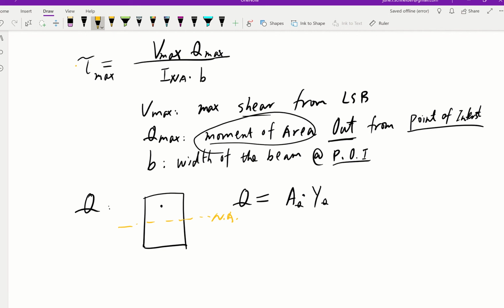Its moment of area at this point is out from the point of interest. That's important, so I'm going to highlight it. This is the moment of area out from the point of interest. Do you agree? Because it's from here. This is the point of interest, and it's out, so it will be this area. Okay, knowing that, we're going to make some values here.